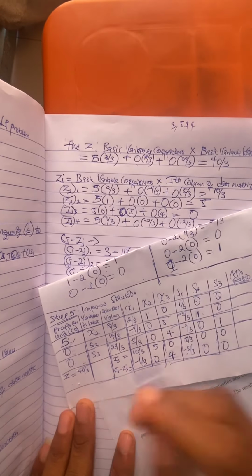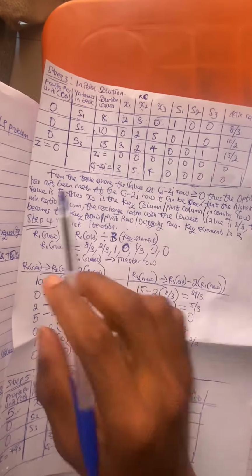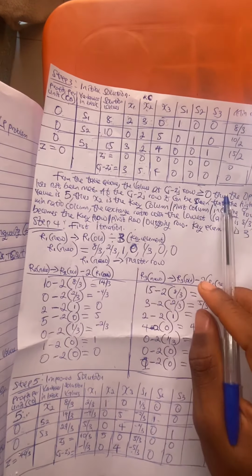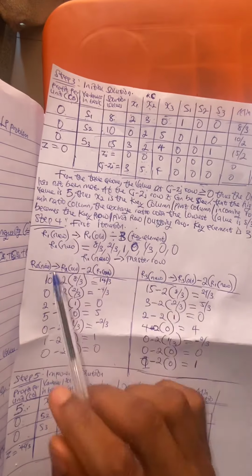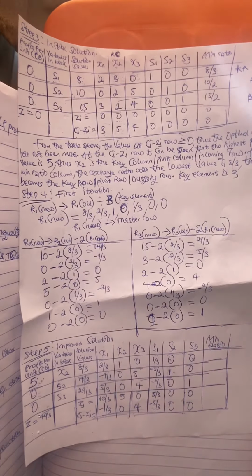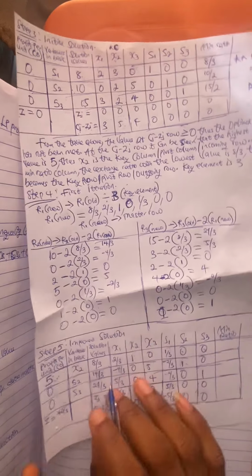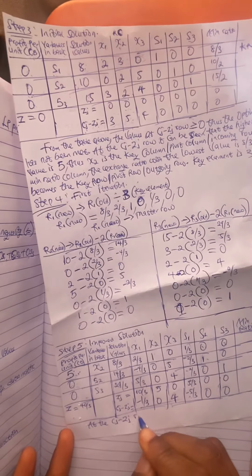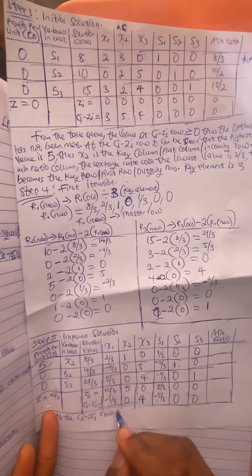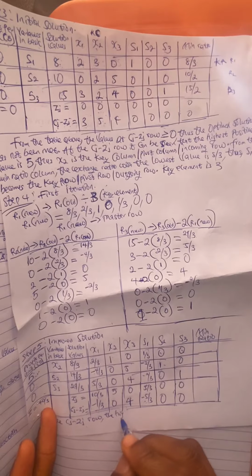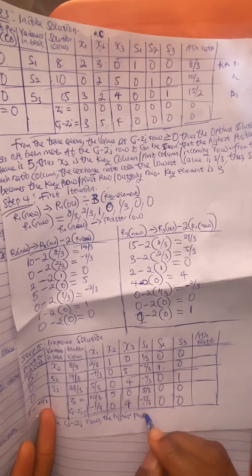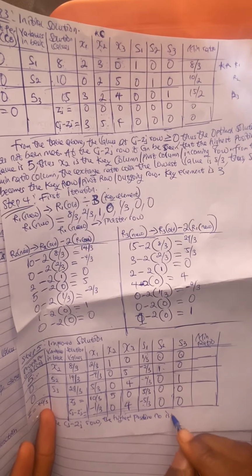So you now repeat the same thing that was stated here. From the table above, the values of the Cj minus Zj row are not all less than or equal to 0. Thus, the optimal solution has not been met. Then, you now say that in the Cj minus Zj row, the highest positive number is 4.